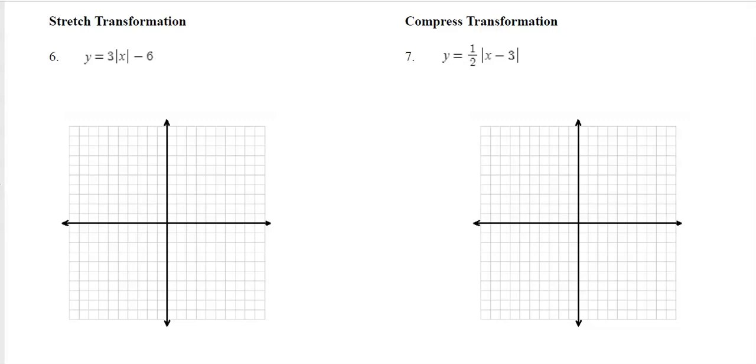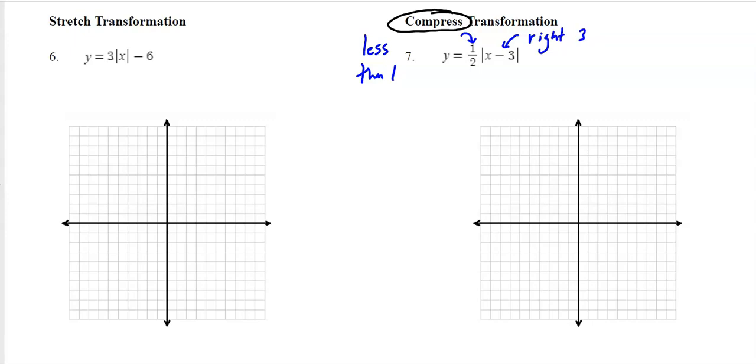All right, so the next one, a compress transformation. Let's kind of look at this. A compress happens when the number in front is less than 1. So if I'm less than 1 in front there, it's going to compress it. I also see that we're going to move to the right 3 units. So let's maybe see if we could kind of cheat this one.